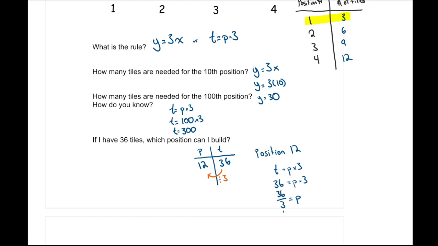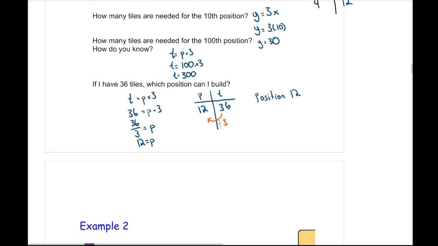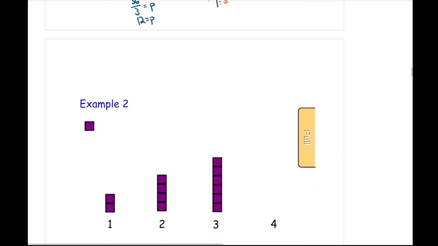And that equals 12. Again, this we'll worry about later. This is more the mathematical process. But as long as you understand that you're just reversing the pattern to get your position or input number. All different terms for the same thing. Or different words for the same term, you could argue.